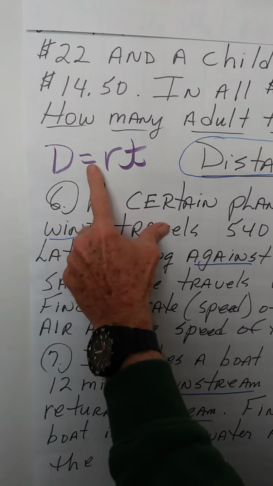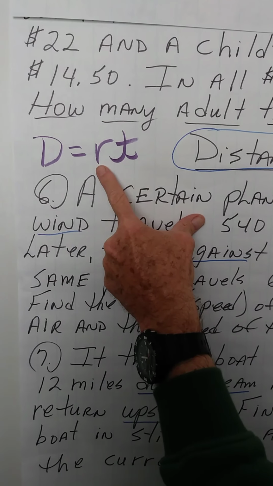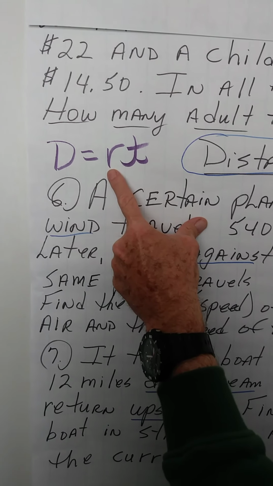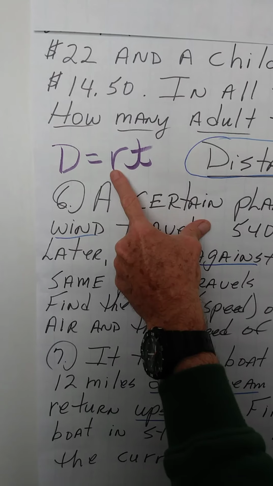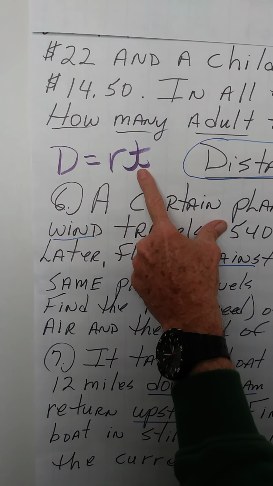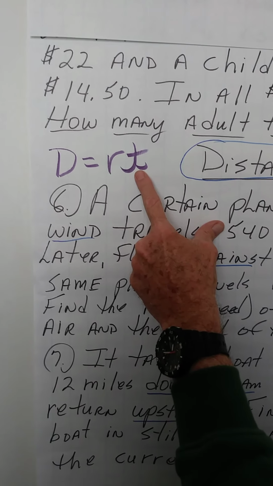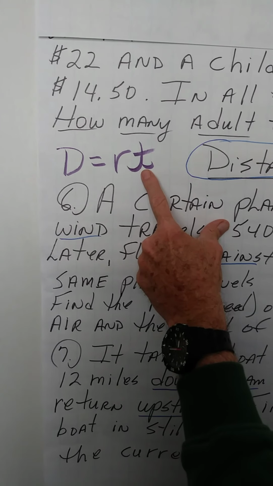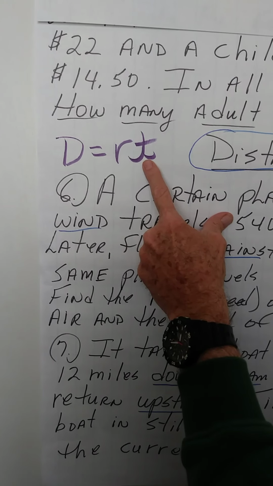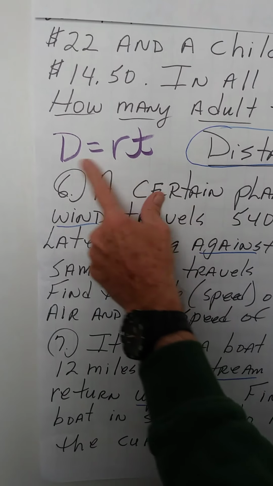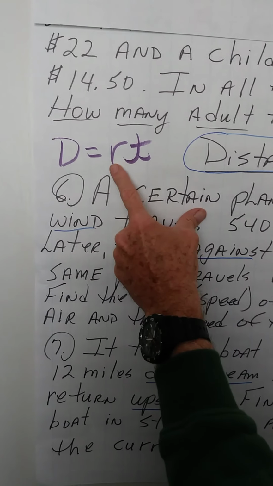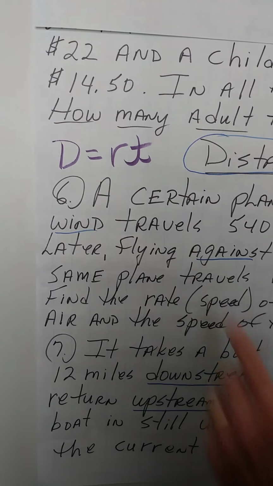Distance is equal to rate of speed, how fast the vehicle is going, multiplied by the time that the vehicle is either going to be on the road, on the water, in the air. Distance equals rate multiplied by time.